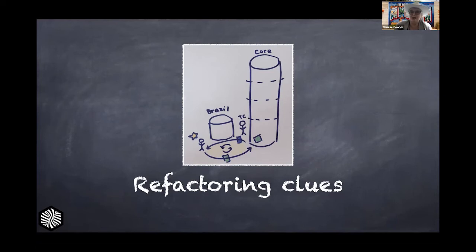And a lot of shops ask their engineers to do this work, and they can read up about microservices and about modularity, but they don't necessarily know where to draw those lines until they've had to explain it to somebody else. And what we found was 1,000% of the time, they understand how to modularize after they've had to explain it to a foreign contributor. And so, refactoring clues was the second big wonderful thing that happened.